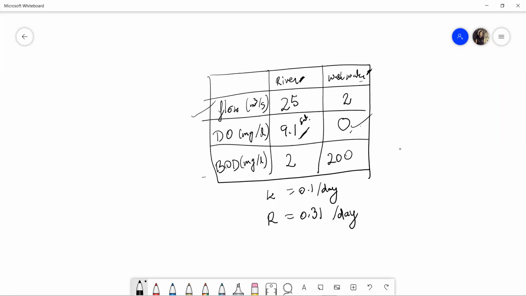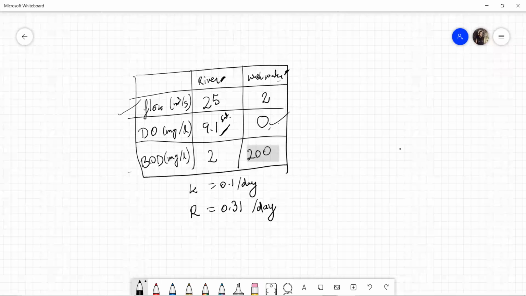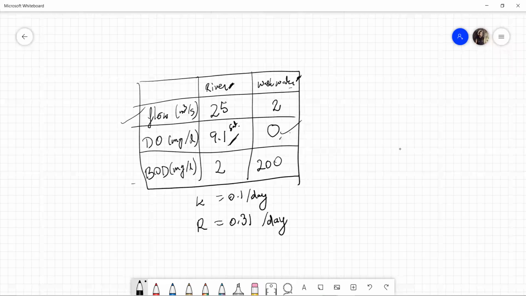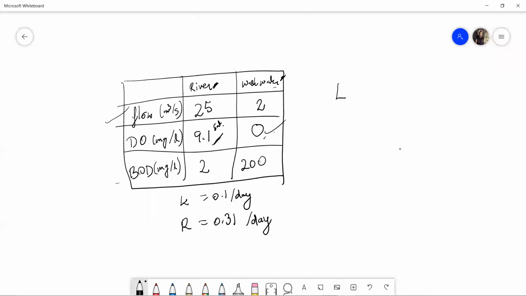So now you need to find out the following things. First one, you have to find out BOD, that is L. BOD means L. L of fifth day, or T, or actual, sorry, L mix. L mix or L of fifth day, or T, where T is 5. L of T or L of mix you can find out.